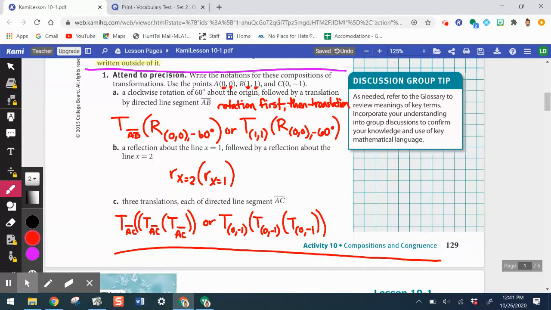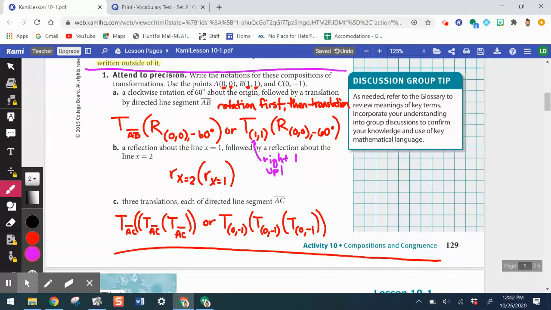So another way to represent translation, other than just saying directed line segment AB, we can actually give a specific direction. It looks like a coordinate, but what this really means here is that we went right 1, and then up 1.